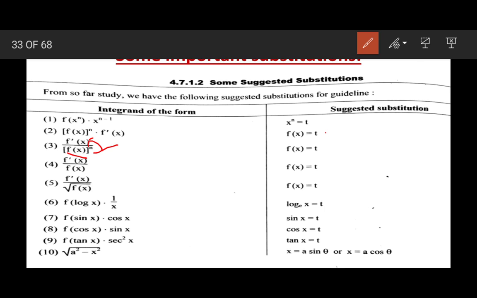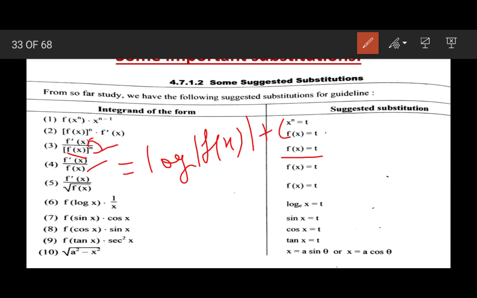So we have to substitute f of x as t. Then if it is f dash x upon f of x, we can easily apply the result and find this as log f of x plus c.